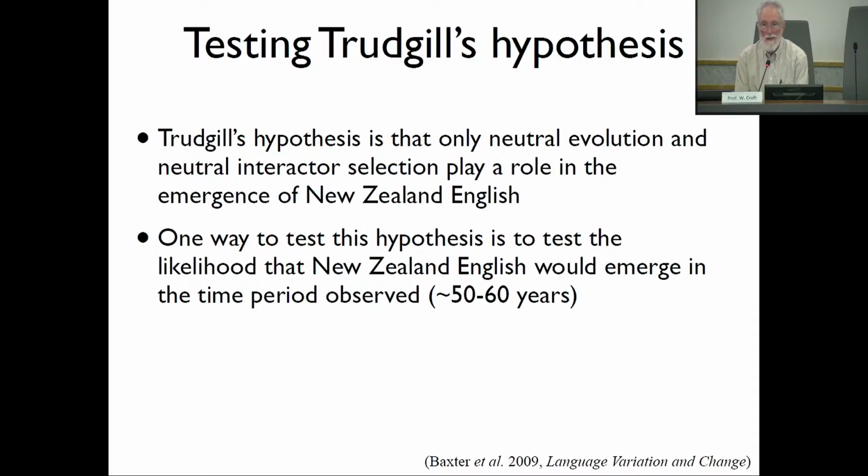And my collaborator said the best way to test this is to look at the likelihood that New Zealand English would emerge in the time period observed. And I should mention at this point, I said it took about 2 generations, 50 to 60 years. There is a big survey of pidgins and creoles by a creolist named John Holm, and in fact, I mentioned his work on Monday or Tuesday last week.